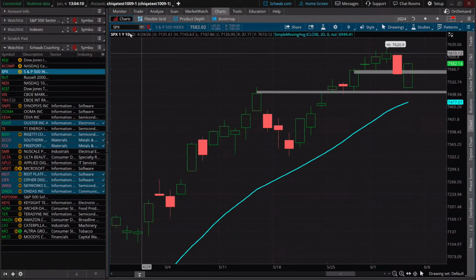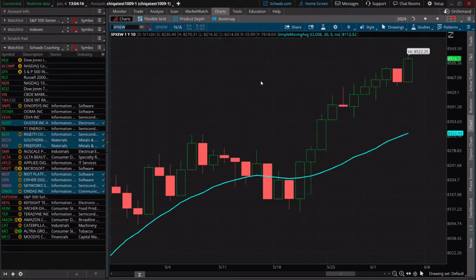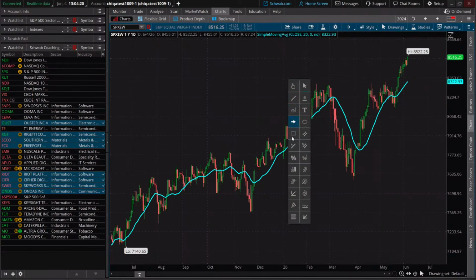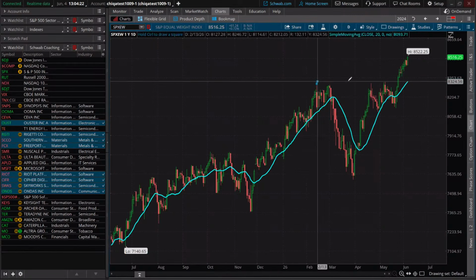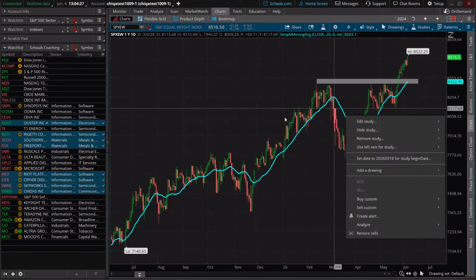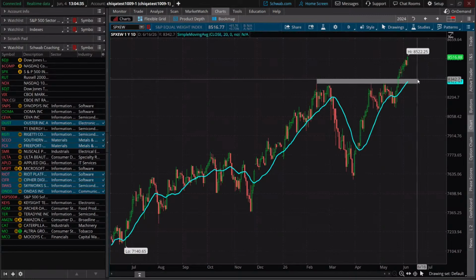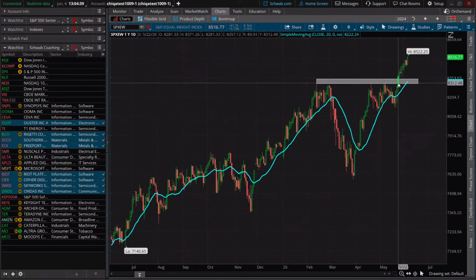Another one to keep in mind is the S&P 500 equal weight, SPXEW. If you will notice, this chart looks quite a bit different from the chart that we just saw with the S&P 500. We can see there was a little inverse head and shoulders, if you want to call it that. It didn't have anything to reverse from, so we can't really call it that, but a little bit of a consolidation, maybe more of a cup and handle breakout.